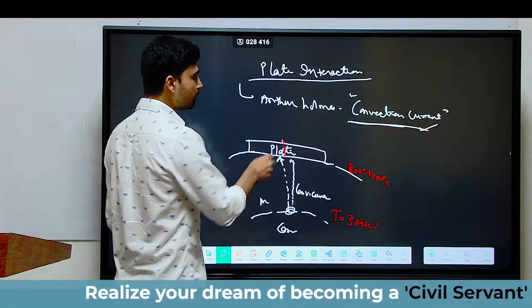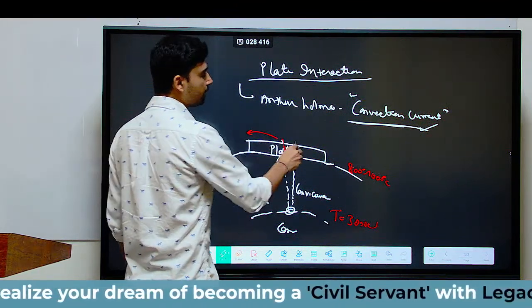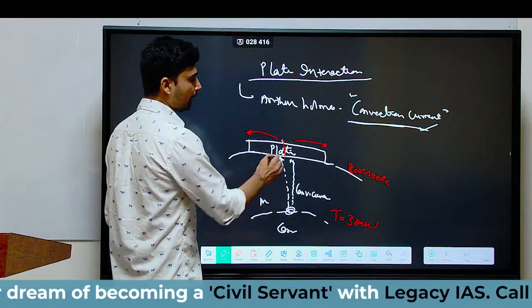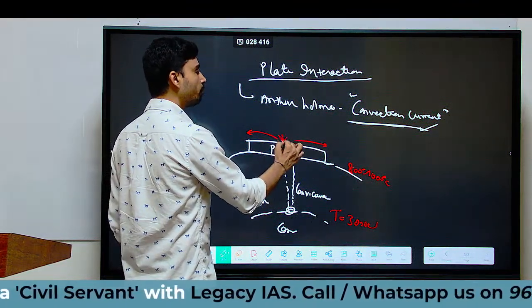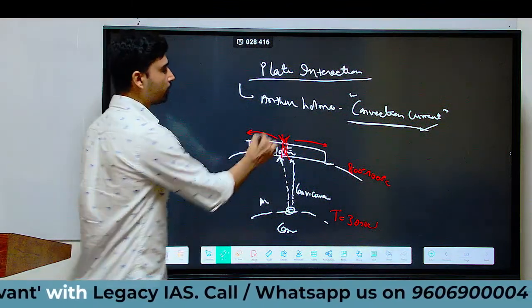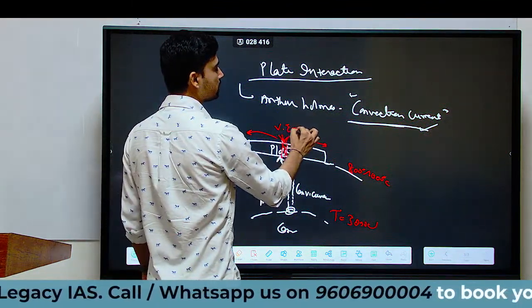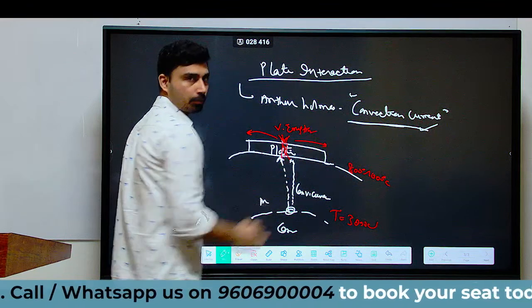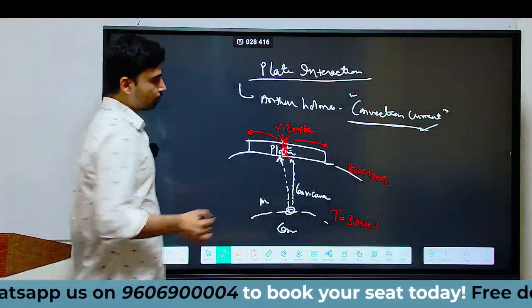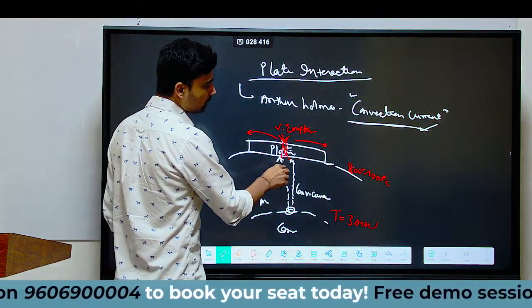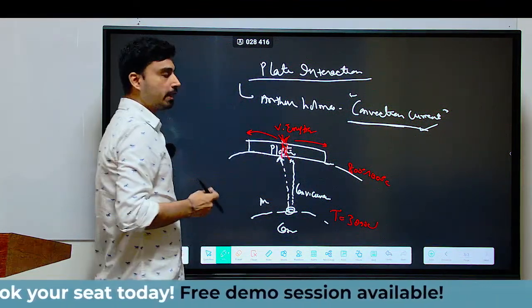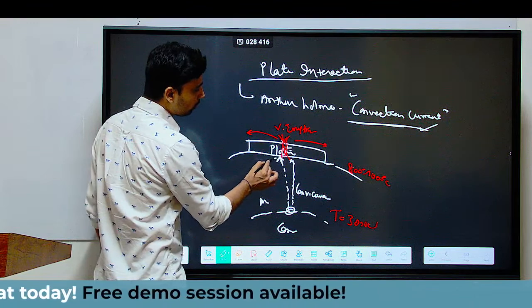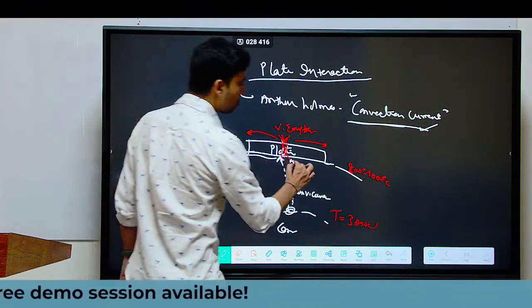Due to this, the plate breaks apart into two individual plates, and as the plate breaks apart, we have the emergence of magma above the plate, which is also responsible for volcanic eruption. At the same time, as this magma reaches here, all of the magma cannot move above the earth's surface. So, some of the magma starts to flow below this plate in the opposite direction.